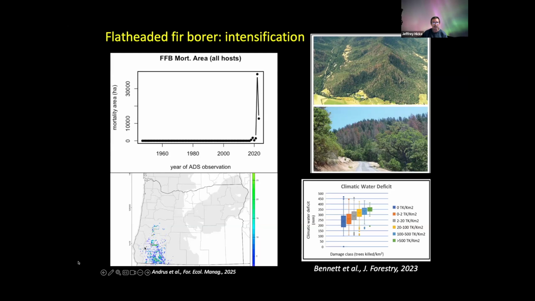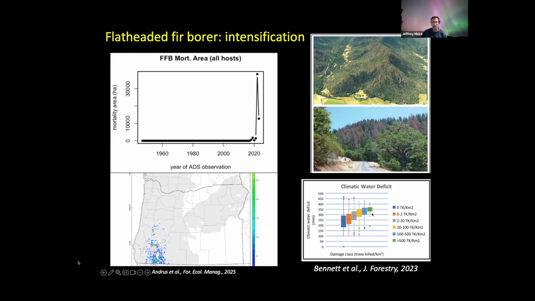This mortality has principally happened in southwestern Oregon. And a preliminary paper on this that looked at some early amounts of mortality showed that increasing climatic water deficit here along the y-axis was associated with higher mortality, that is, higher damage classes.